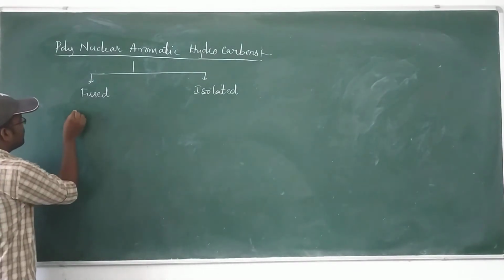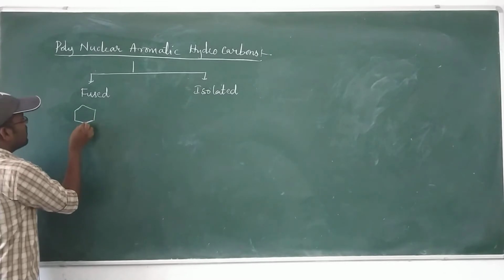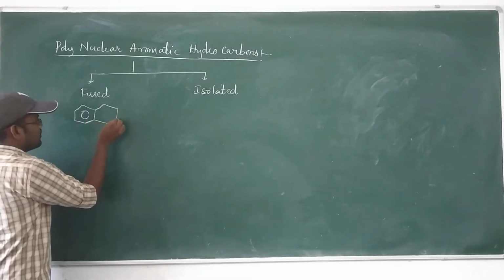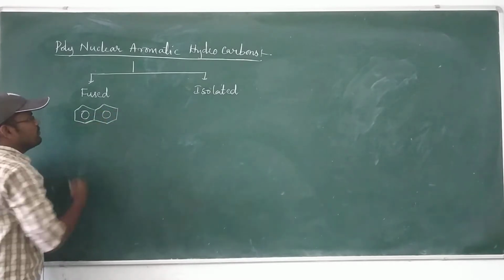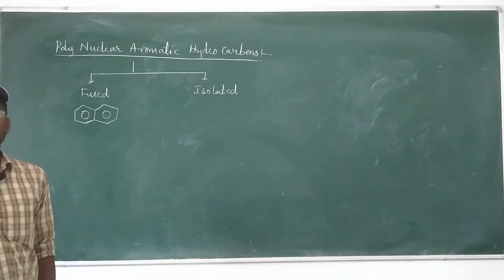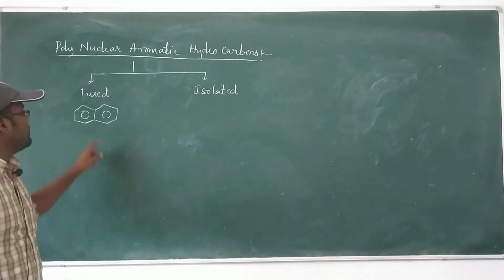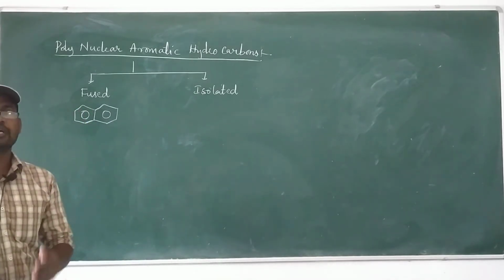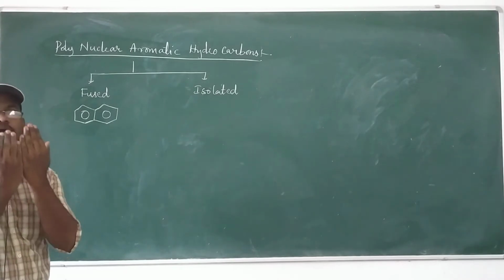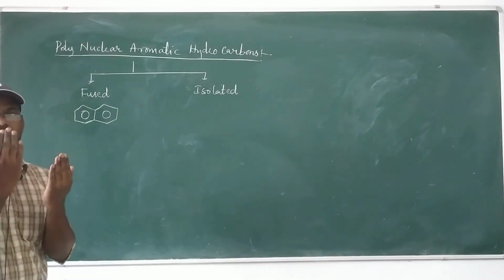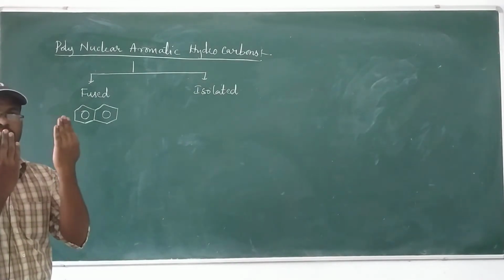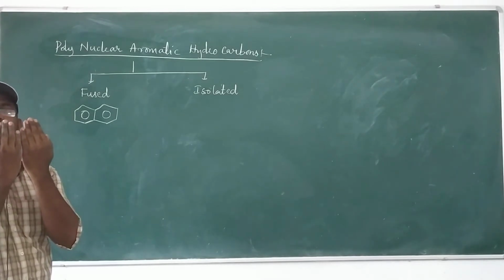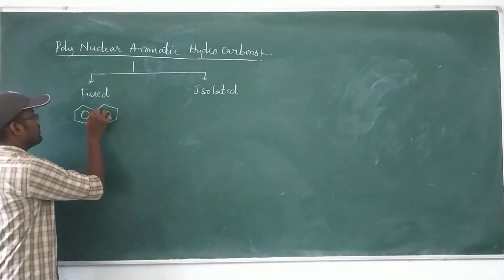In fused polynuclear aromatic hydrocarbons, one ring is fused with another ring with the help of two carbon atoms. Suppose this is one ring; it bonds with another ring through two carbon atoms.